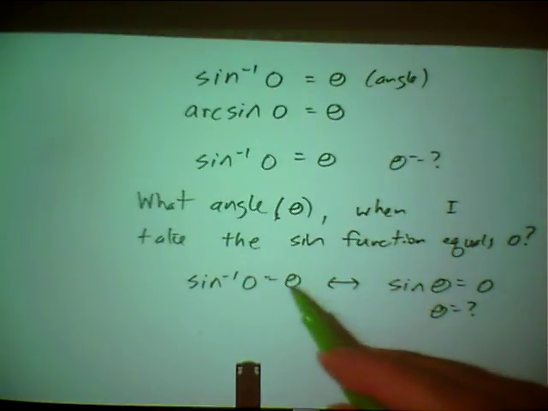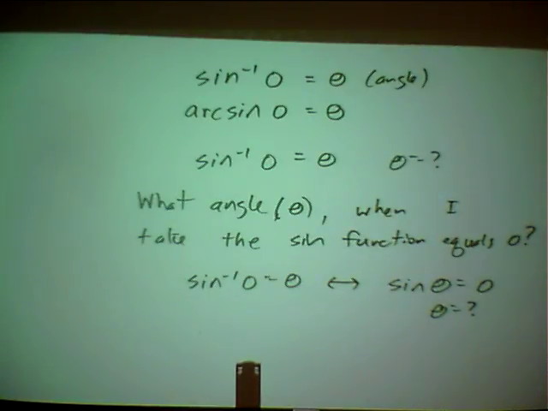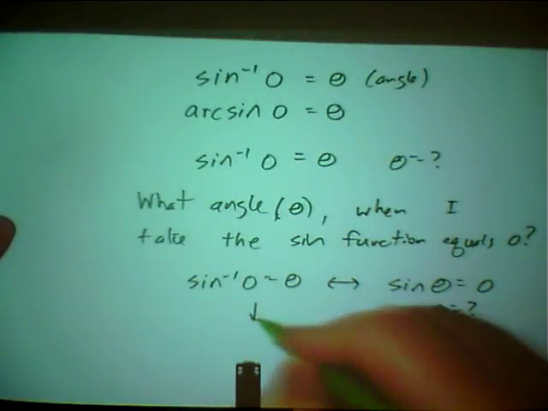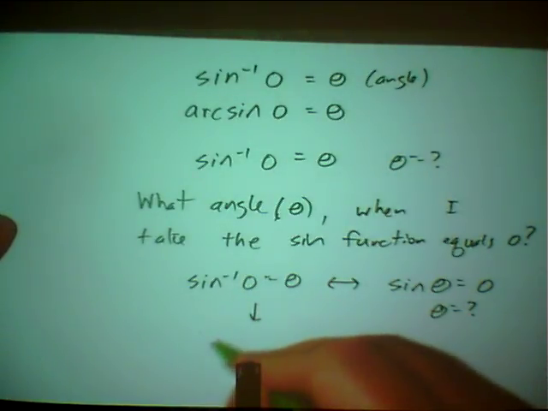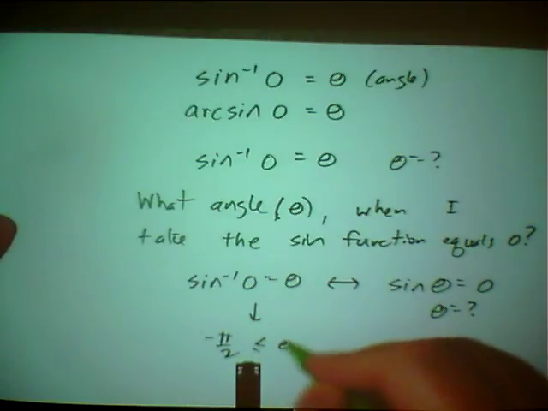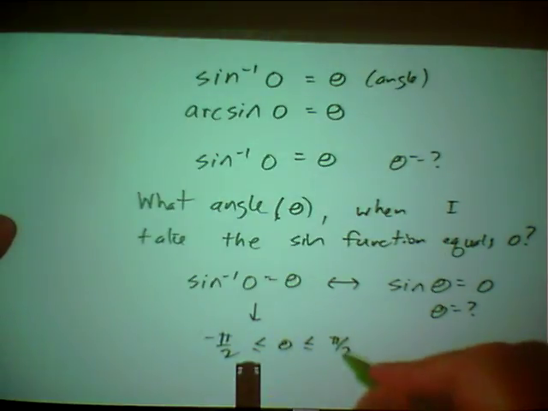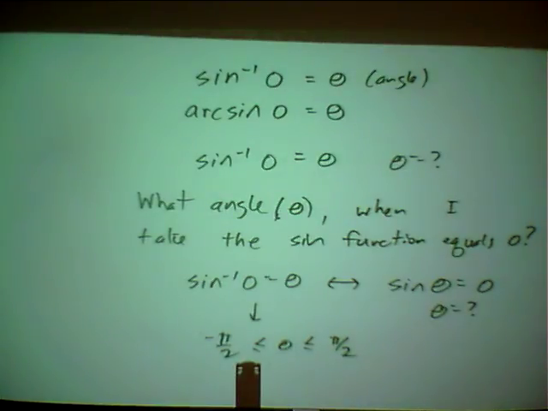When I go find this angle, I can't just choose any angle on my unit circle. For instance, for the sine of theta, when I go looking for my answer, as it turns out, I can only have an angle that is between negative pi over 2 and pi over 2.